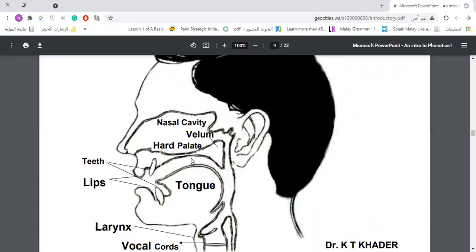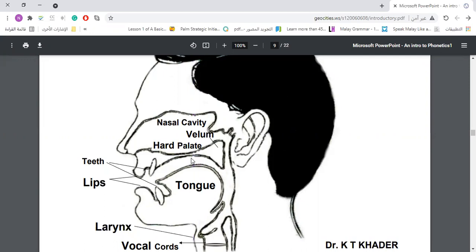And there also has to be a closure that functions during speech to separate the oral cavity, which is the mouth itself, from the nose, in order to produce the oral speech sounds.